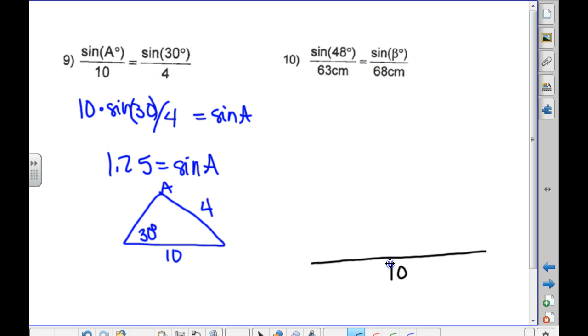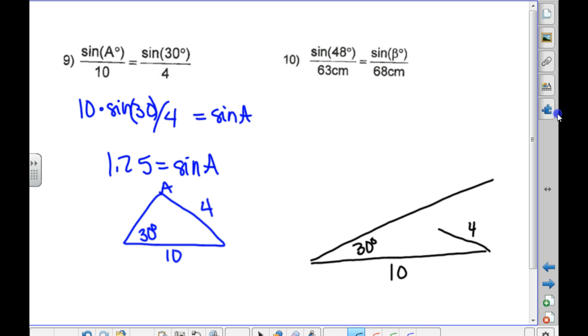If I said that's 10, and I put a 30-degree angle here, and then see how out at the end of the 10 is supposed to be the 4? If I put a side over here that's 4, what happens is it's not long enough to reach that side. That's one way of thinking about it, okay? Why this doesn't make a triangle?